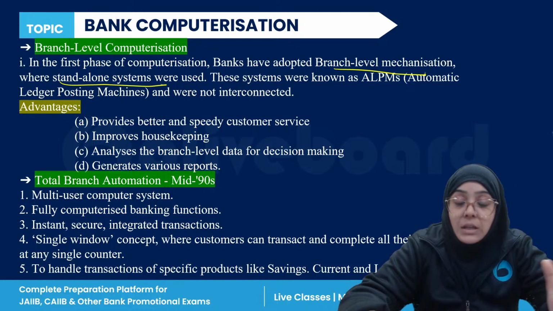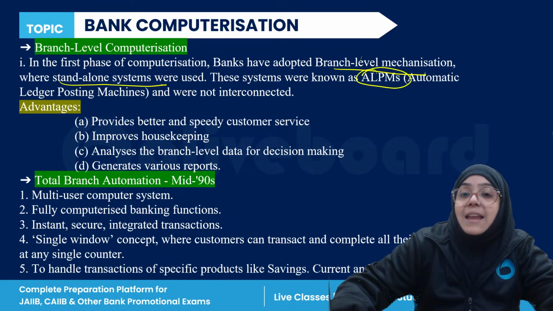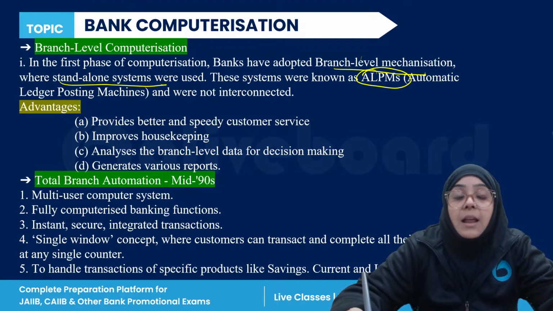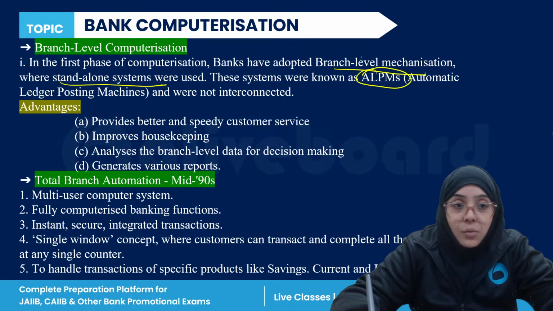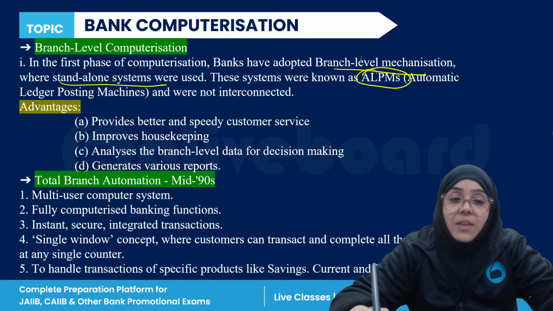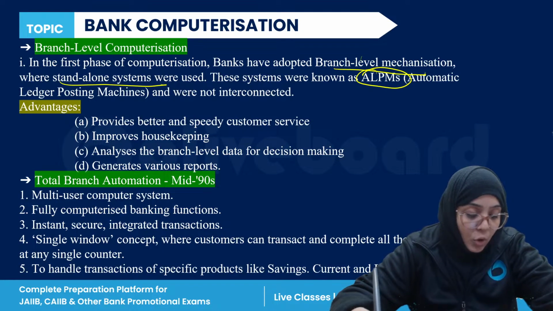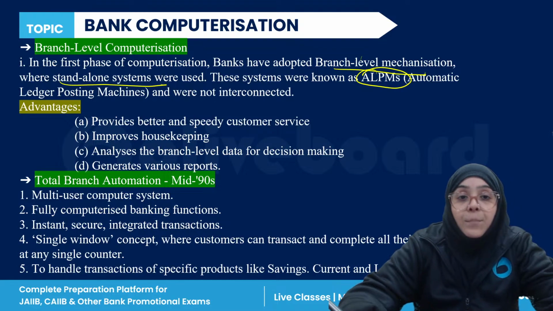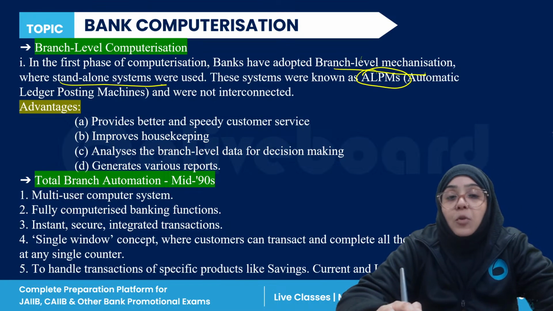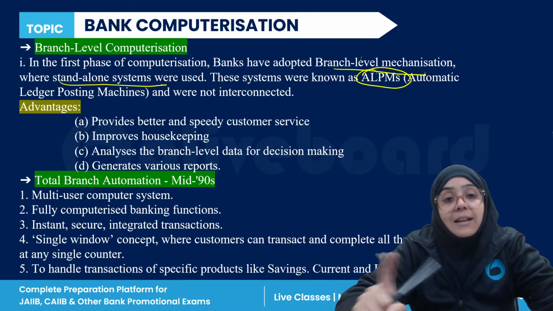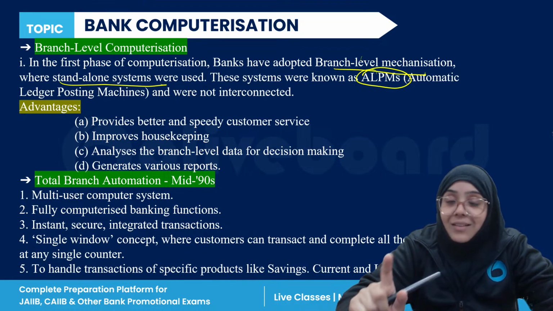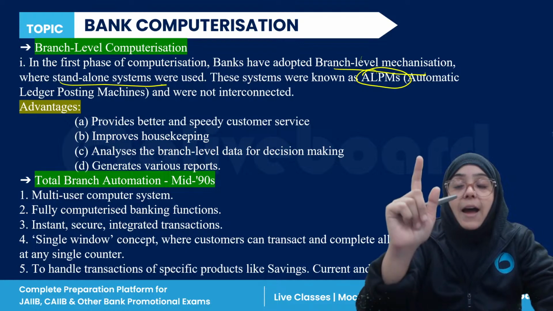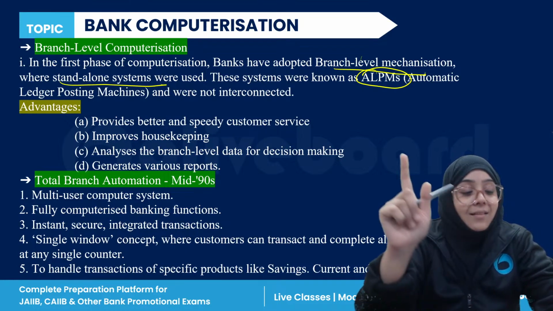These systems are known as ALPMs, meaning automatic ledger posting machines. These machines are not interconnected with each other, so they are standalone systems with single access allowed.